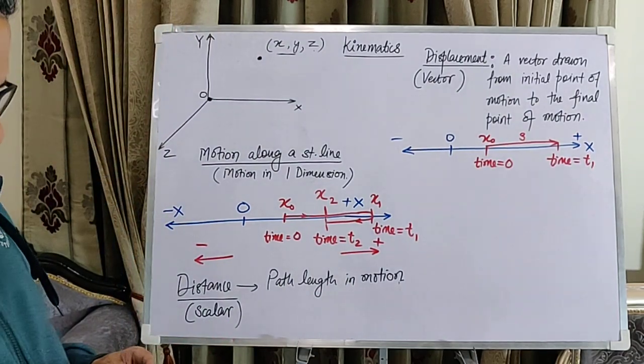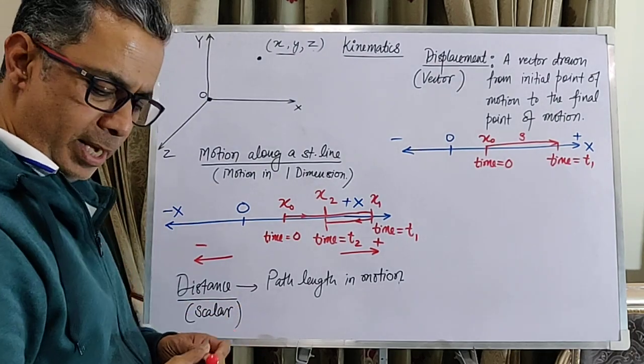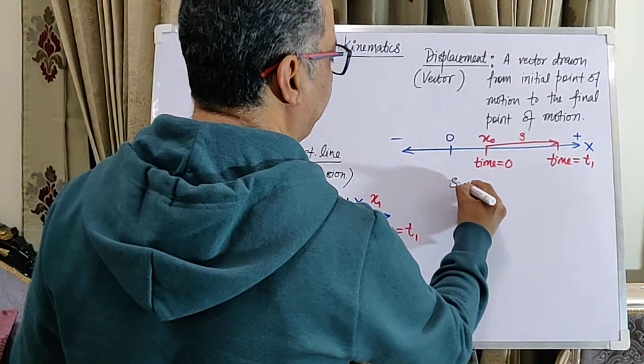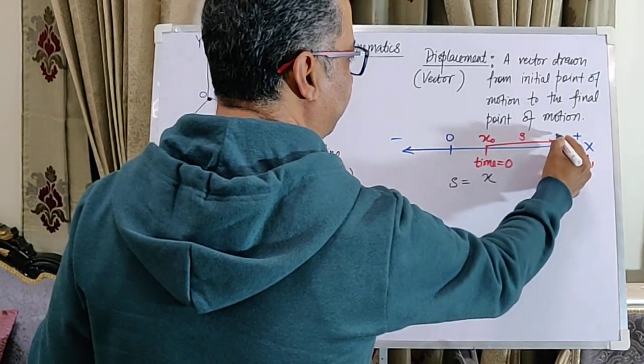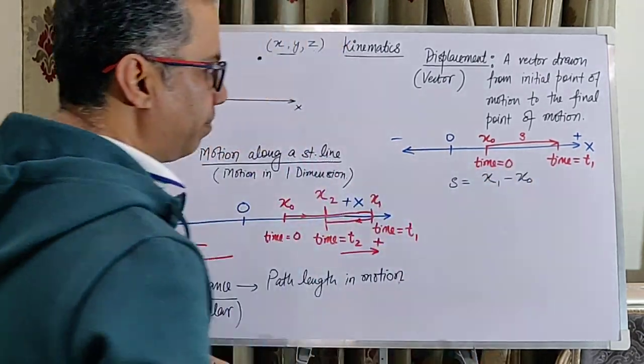Now this displacement s can easily be expressed as the final position here, x1 minus x naught.